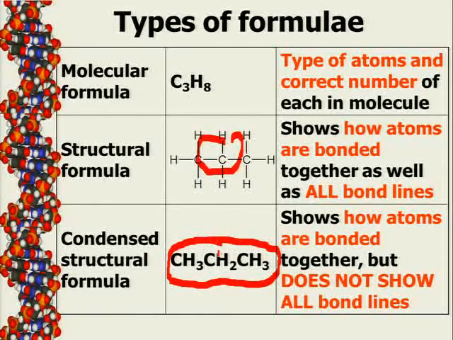This will show you the condensed structure. Alright? So we'll see when we get to the questions, when they say to you, draw the structural formula, you need to know how to draw the structural formula, and the molecular formula, you need also to know how to write it out. Sometimes they ask you to do some calculation. You'll see when we do the examples how you go about doing the calculations to find the molecular formula.